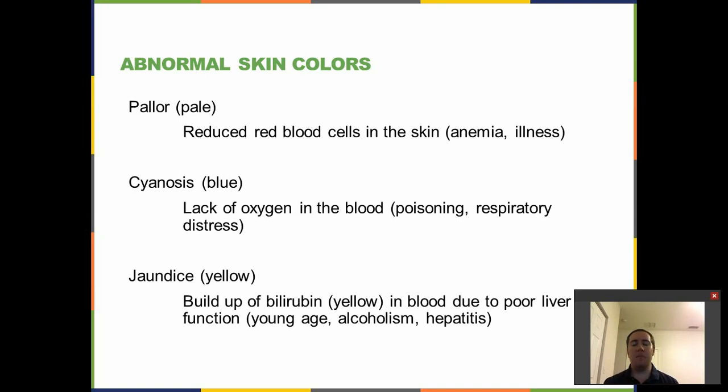Again, there could be a lot of reasons why that could be. Number one, it could be they're not breathing properly, and if you're not breathing properly, you're not getting enough oxygen into your blood. Your red blood cells just don't have the oxygen, and when hemoglobin doesn't have oxygen, it is blue in color.